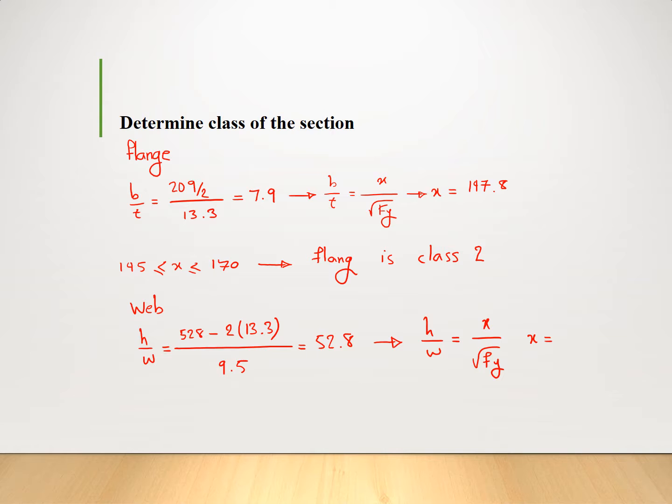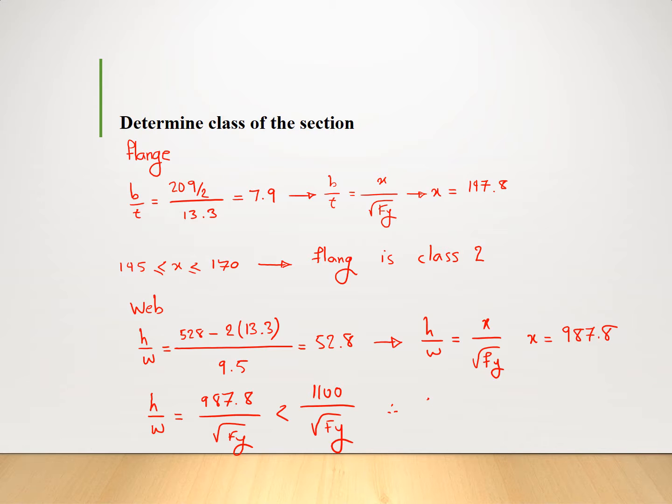X will be equal to 987.8, and as you see, H over W, which is equal to 987.8 over square root of Fy, is lower than 1100 over square root of Fy.